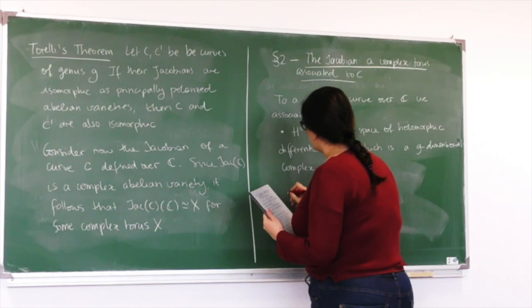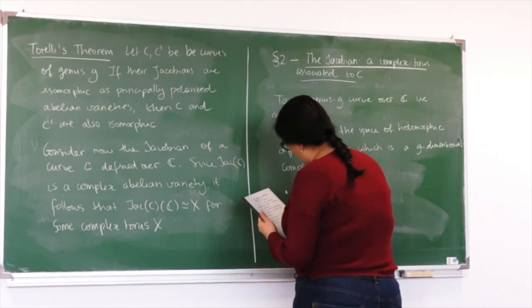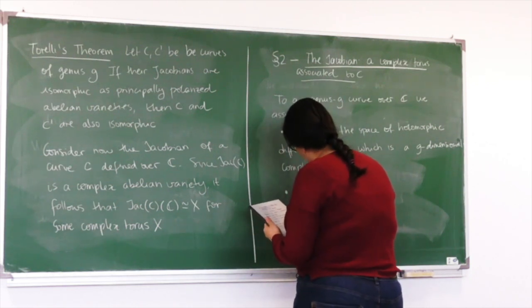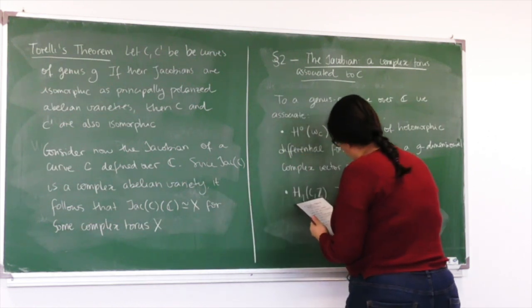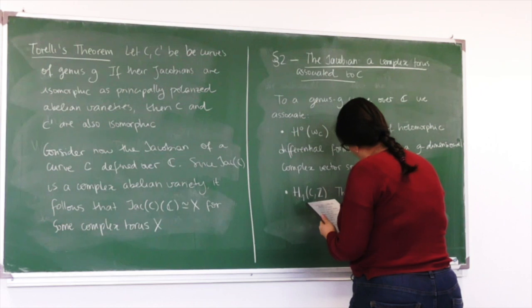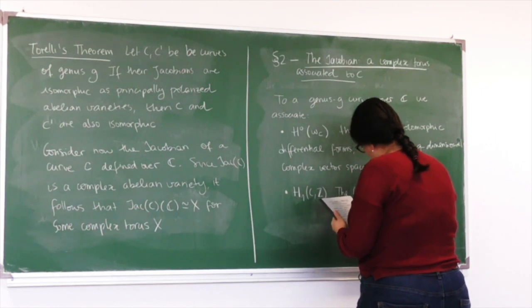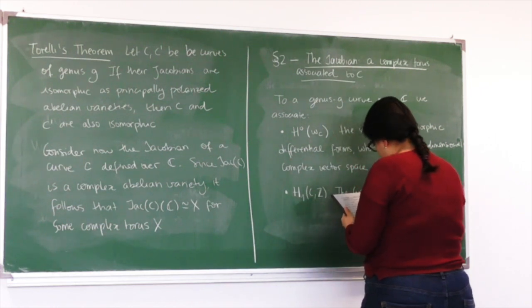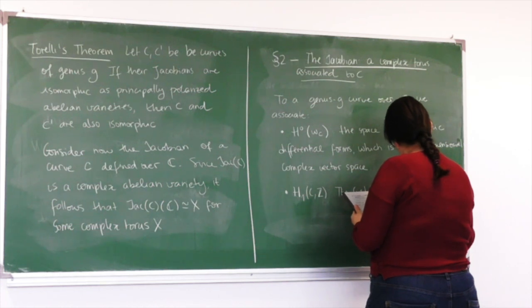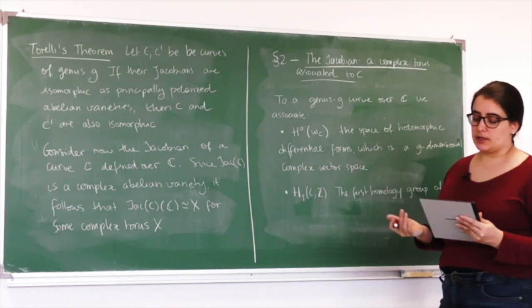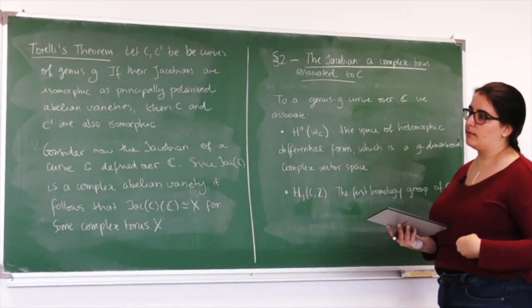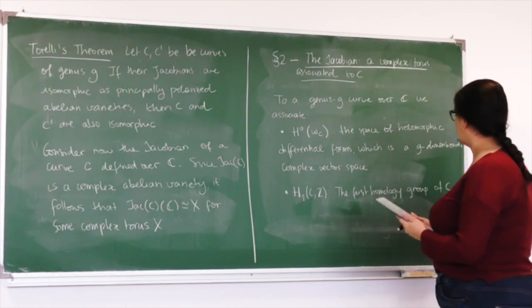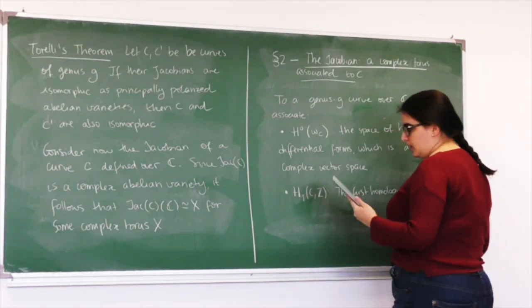We will also associate the homology group of the curve over the integers. This corresponds, as we saw in the case of elliptic curves, to closed paths that are non-contractible on the Riemann surface associated to the curve.